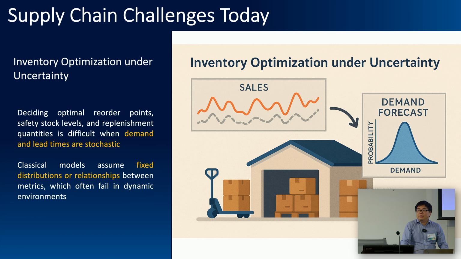It is very difficult because demand and lead time are stochastic, and sometimes you cannot find a clear pattern, especially for lead time. Sometimes you see an outlier and it turns out it's not an outlier but a pattern, and vice versa, you think it's a pattern but it's an outlier. So you cannot really model them well, and assuming a fixed distribution or relationship often fails.